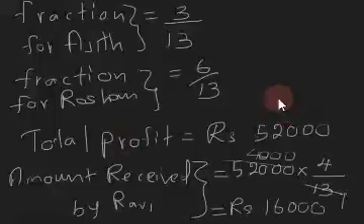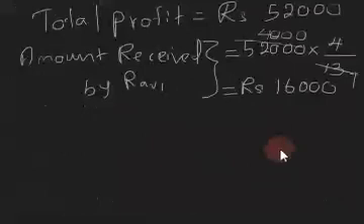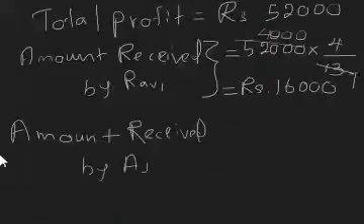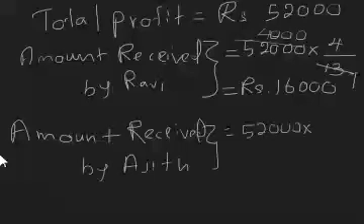Second one, the amount received by Ajit: 52,000 into 3 over 13, 4,000 times 3, 12,000.